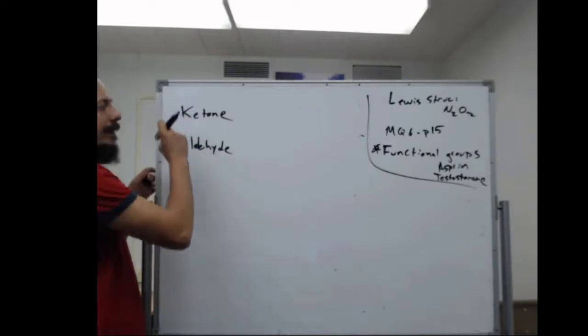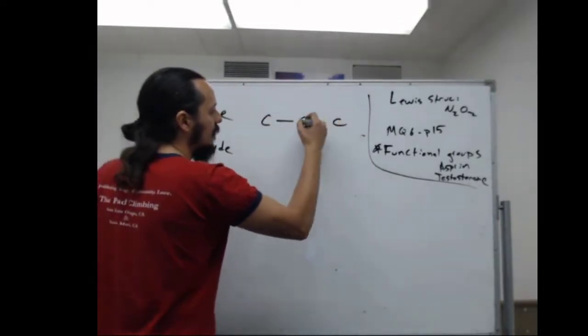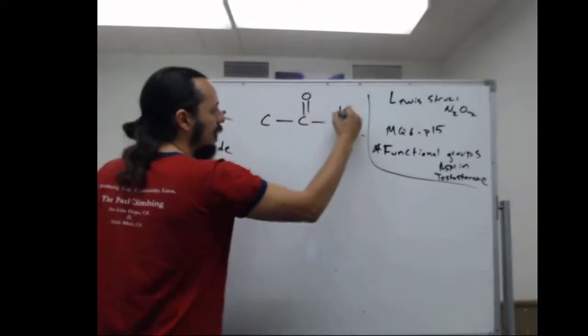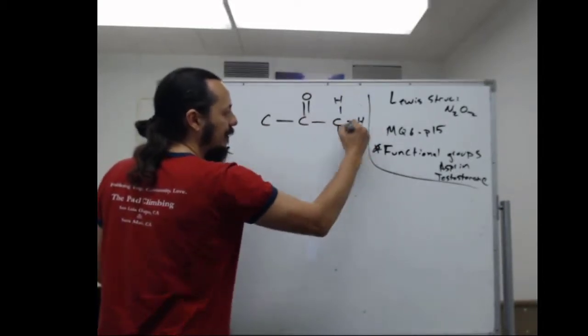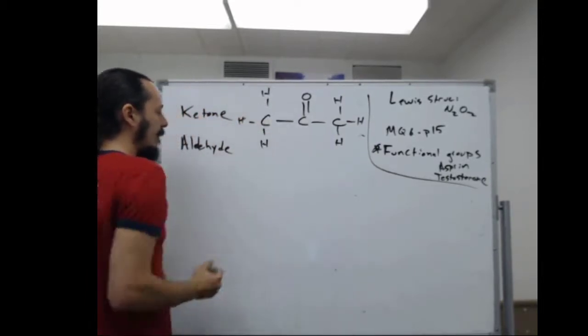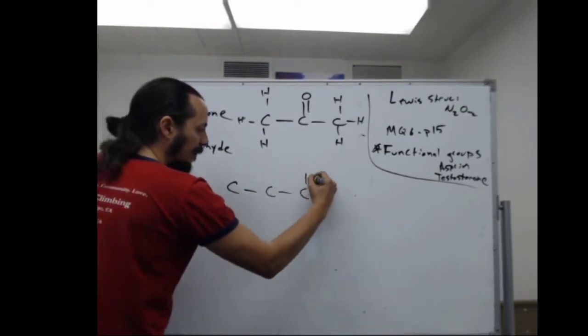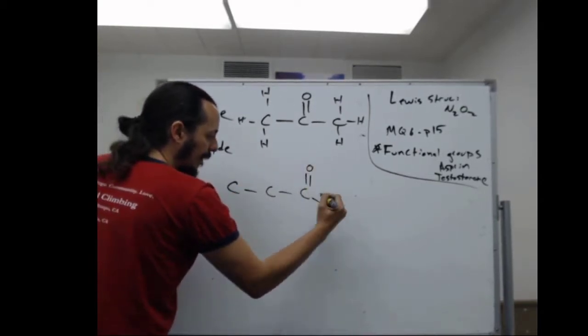So I'm going to do a little carbon chain, oxygen double bond in the middle, fill it out with hydrogens. And then for the aldehyde example, I'll do the same kind of carbon chain, except I'll put my oxygen on the end.